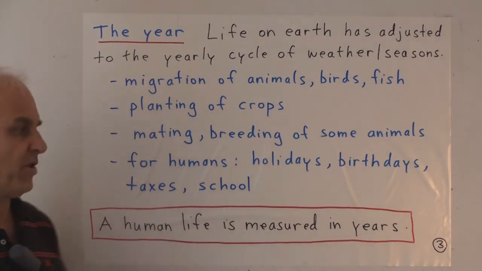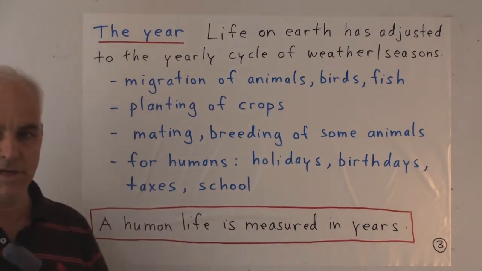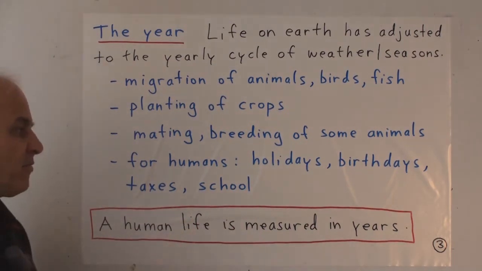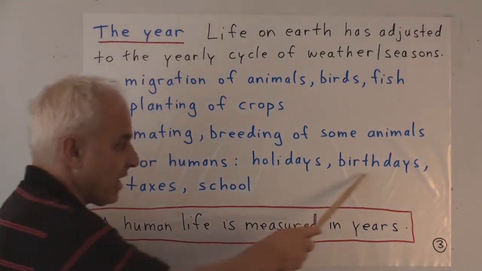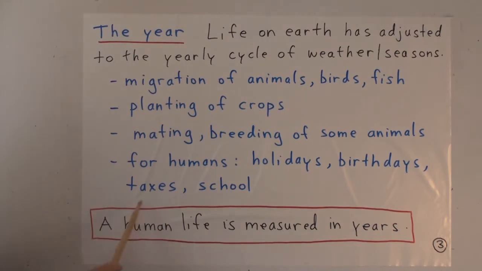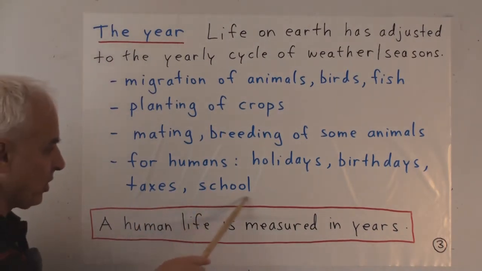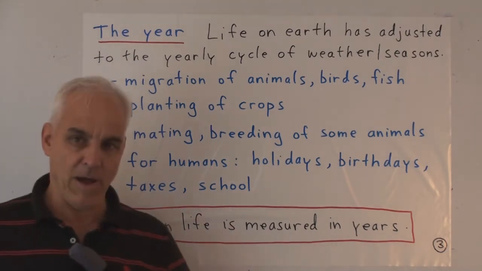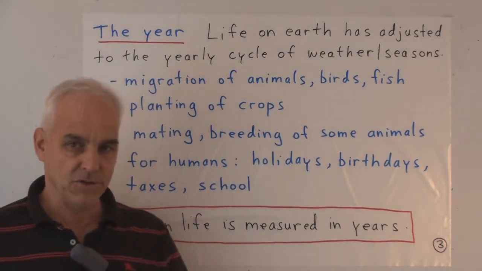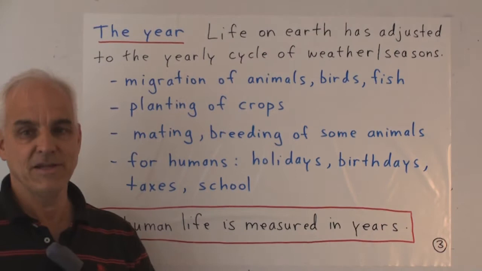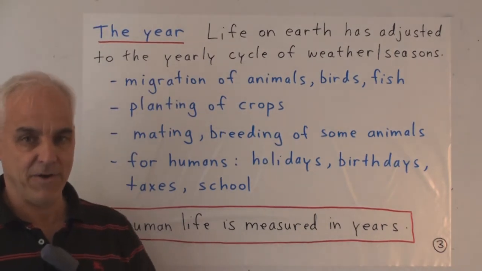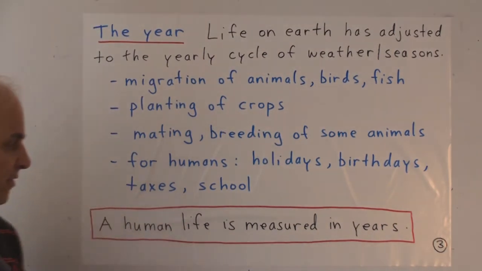Christmas comes once a year, or Easter comes once a year, or whatever religious festivals you celebrate, they come typically once a year. Birthdays come once a year. Taxes, usually due once a year. And the school years that children know all about, year 1, year 2, year 3, these also follow a cyclical pattern, one year after another.